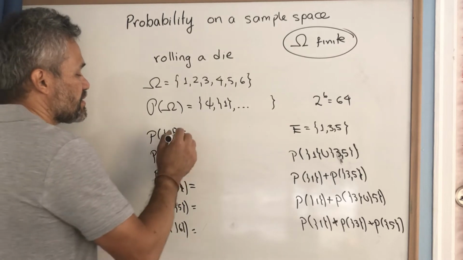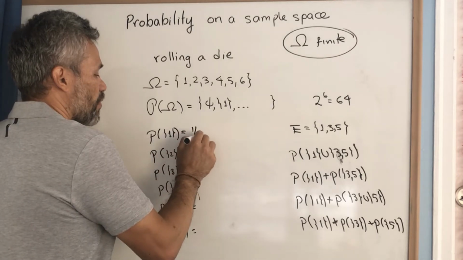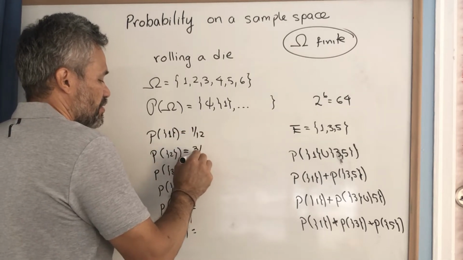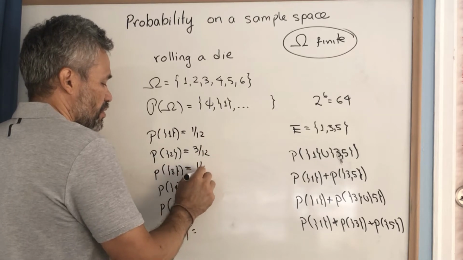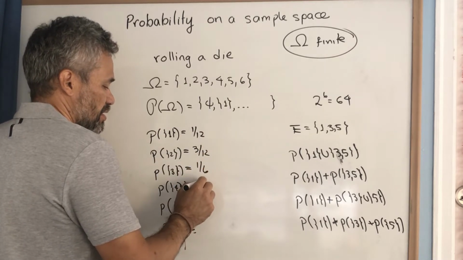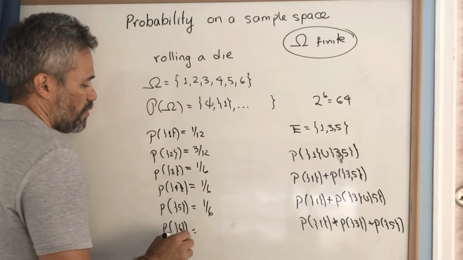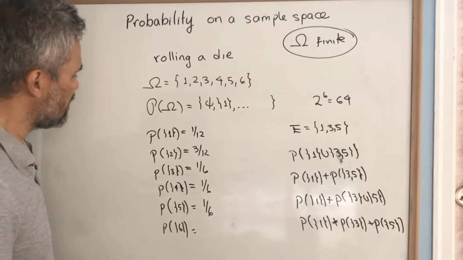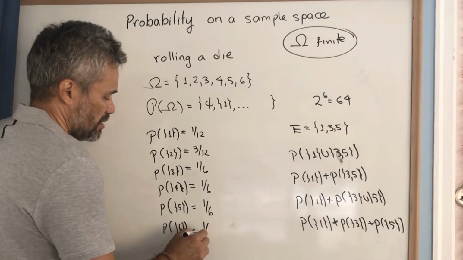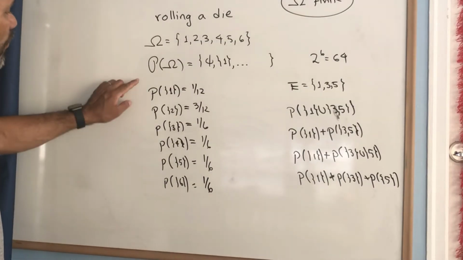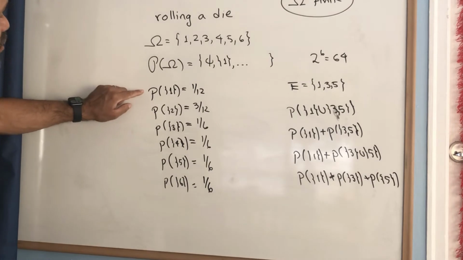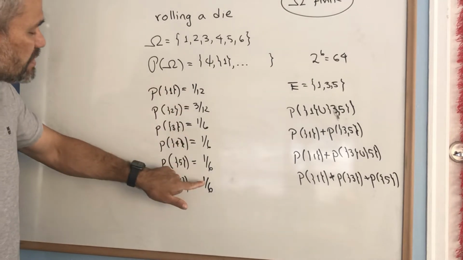For example, we can assign this probability to be 1/12, 3/12, 1/6, 1/6, 1/6, and 1/6.